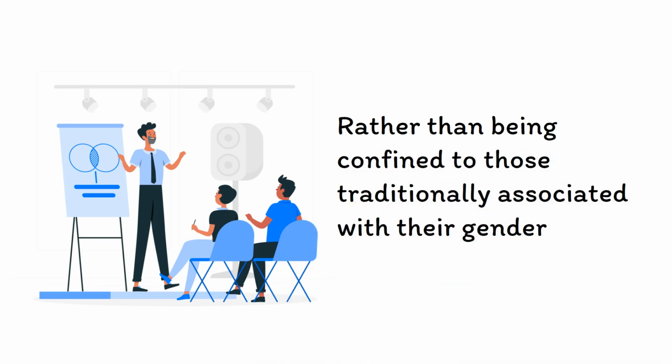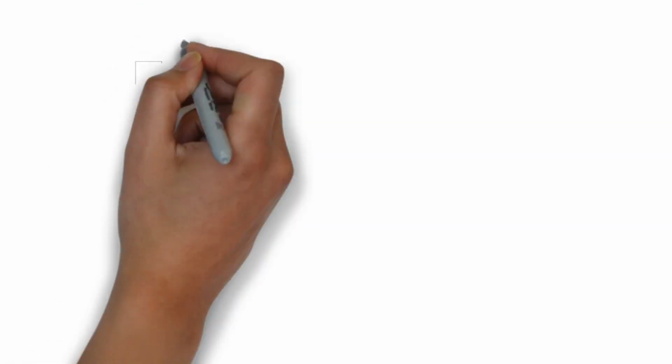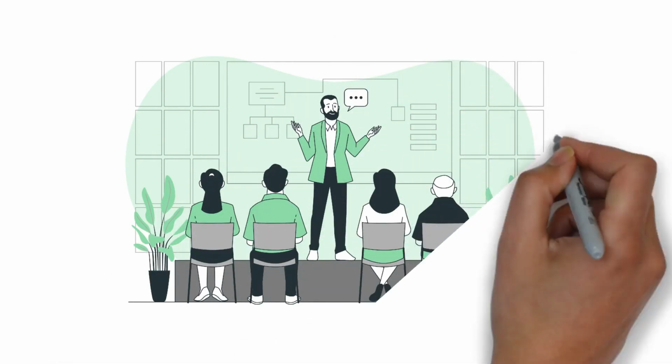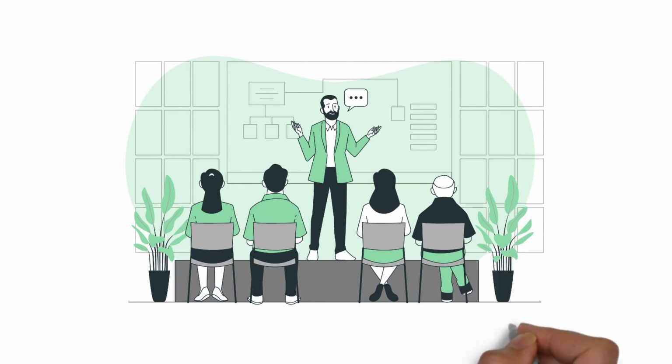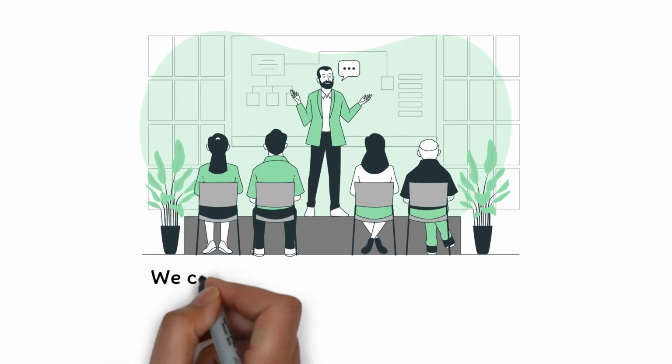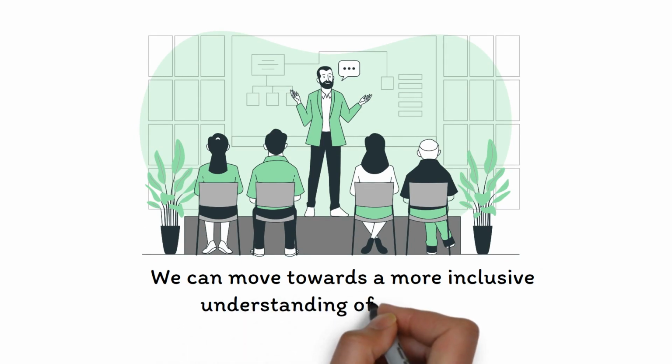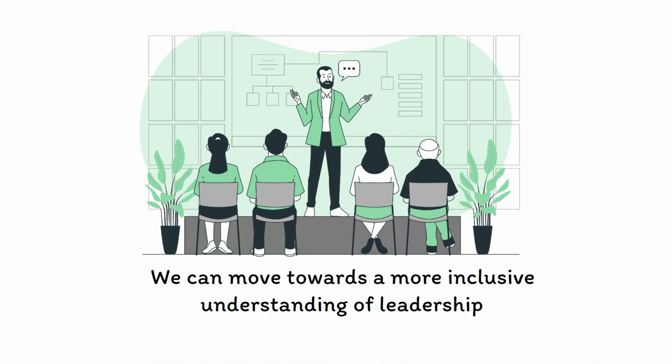In conclusion, navigating the leadership labyrinth requires a multifaceted approach that acknowledges both the progress made and the work still to be done. By comparing and contrasting gender differences in leadership styles and effectiveness, summarizing the strengths and criticisms of the research, and testing applications of this research, we can move towards a more inclusive understanding of leadership.